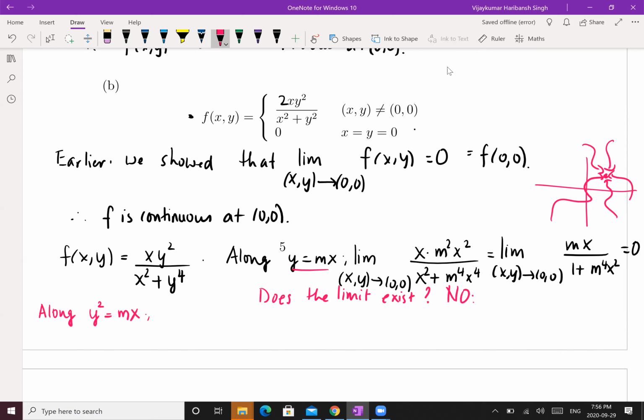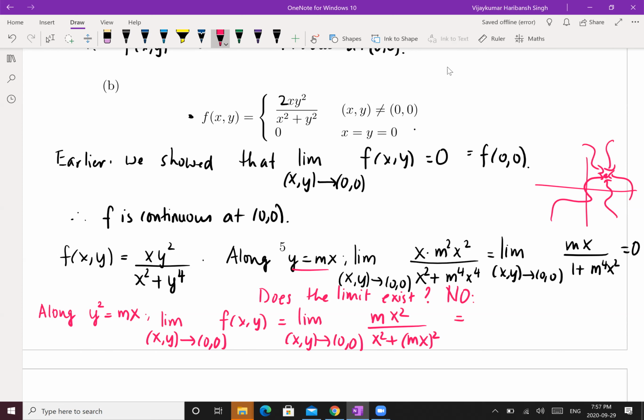Along y squared equals mx, the limit as (x, y) goes to (0, 0) of f of (x, y) is the limit of mx squared upon x squared plus mx the whole square.